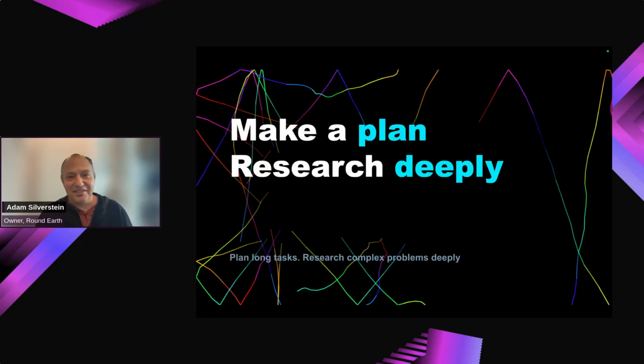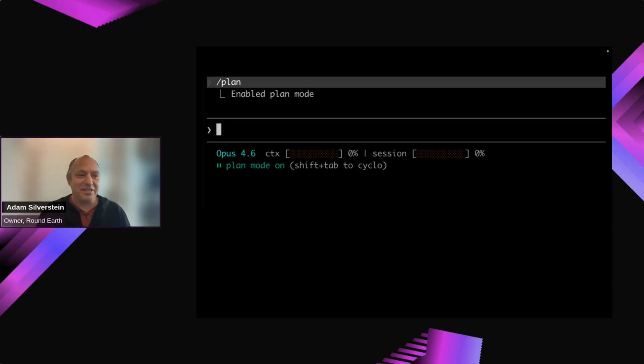Just a couple more points about approaching problems with AI. There's kind of two different ways that you can tell the AI how hard you want it to work, or how you want it to work. The first is making a plan, and this is something that was developed probably within the last year. I think Cline was the first one to come out with this, but the idea is that before the AI starts working on a task, it's going to come up with a detailed plan, kind of a step-by-step list, a bullet list of what it needs to do to accomplish the task at hand.